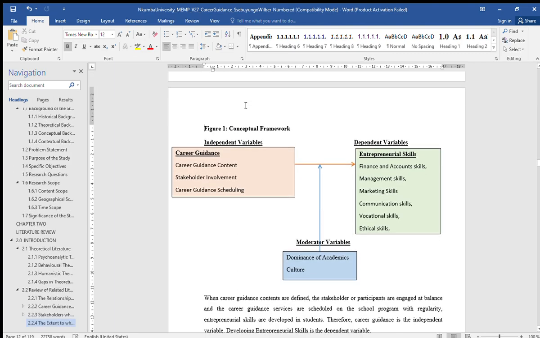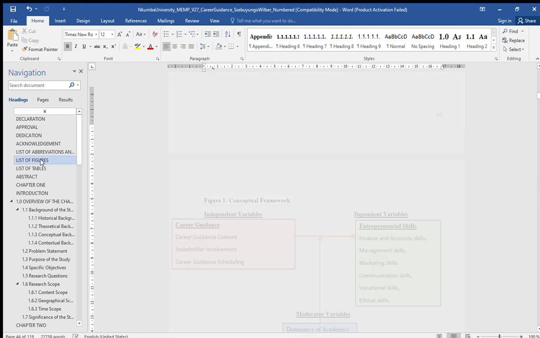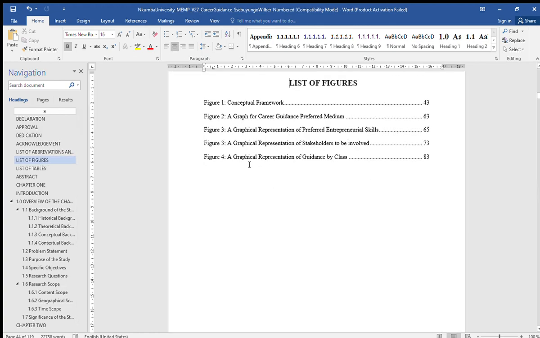Let me just go to it. This one is a figure. So there is a list of figures here, indicating that there is a figure in my work, and that figure has a name and is also numbered.